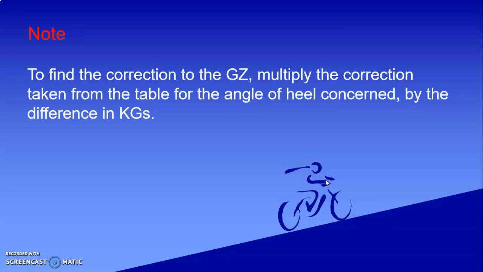Next, these are certain rules in connection with the GC correction. To find the correction to the GC, multiply the correction taken from the table for the angle of heel concerned by the difference in KG. Remember that we assume KG is 9 meters.